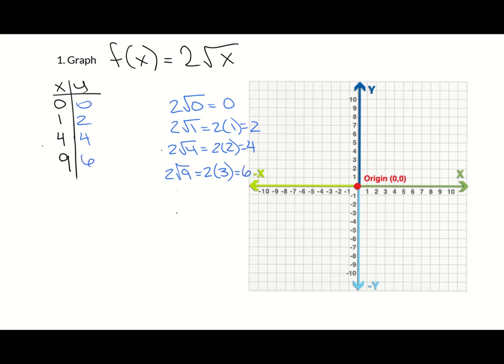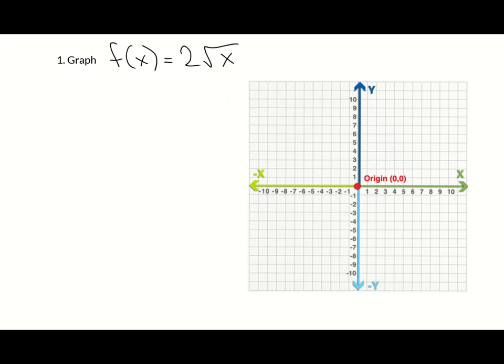Everything under the radical should end up being a perfect square, so that I'm not trying to graph with a lot of variables. So I'm going to plot all these points, and then connect them with a curved line like that, and that is that function.